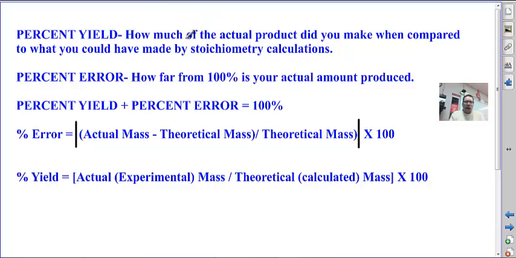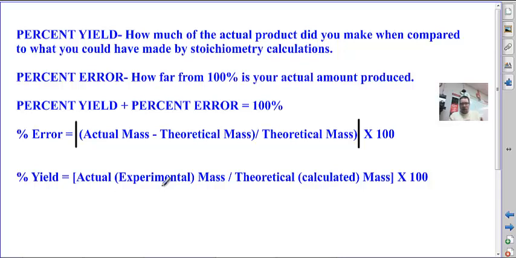So I have the definitions here. Percent yield: how much of the actual product did you make when you compare it to what you could have made? And here's the formula. The actual mass, or experimental mass, depending on who you talk to and what books you read, is what you did in the lab. So I went in the lab, this is what I made.